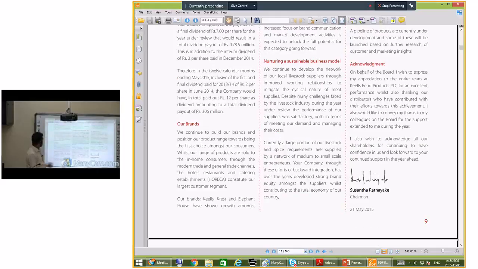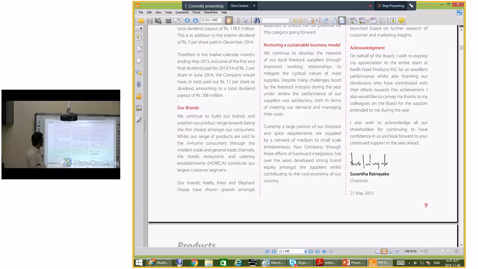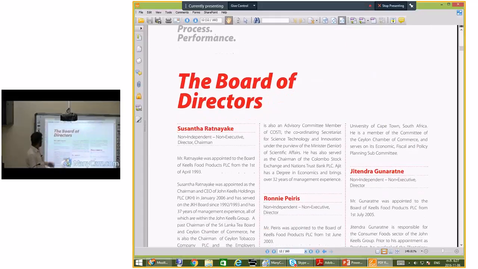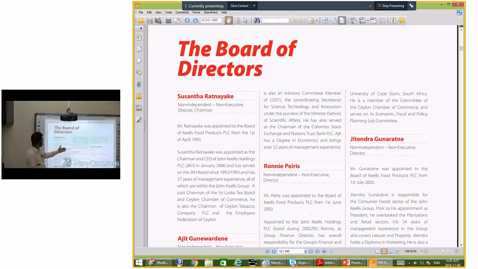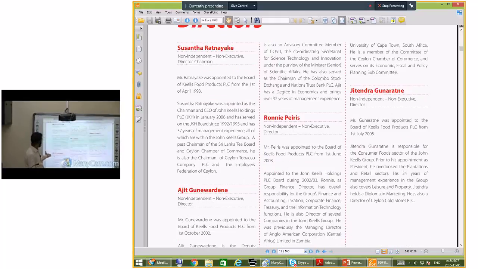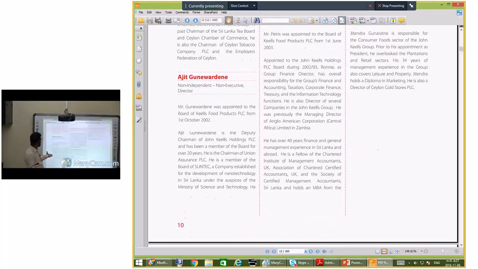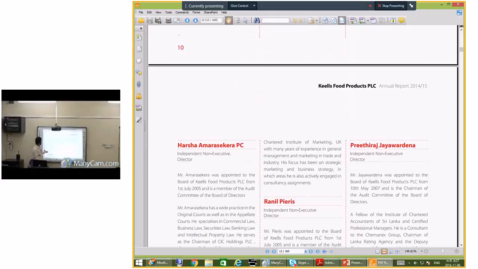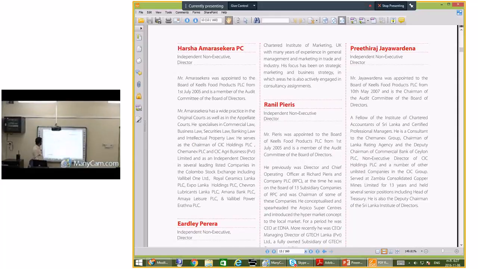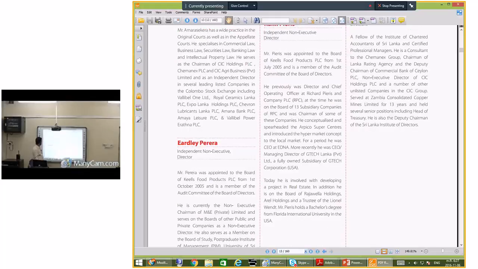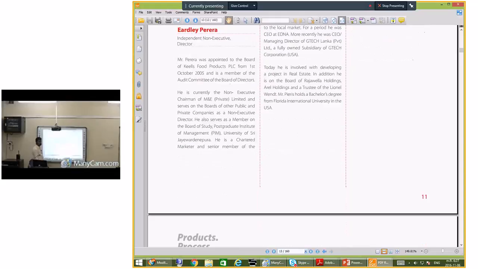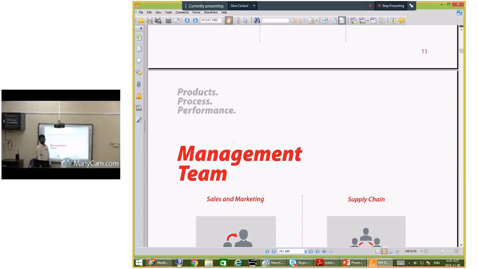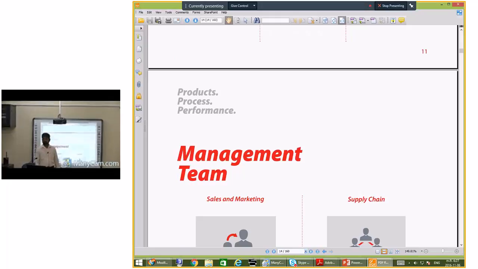Our brand, here you can see the board of directors and their capabilities and qualifications, and you can see their skills and other experiences, all are given here, and their names. You can see some famous profiles also there, no? Those are important before making your investment decisions.